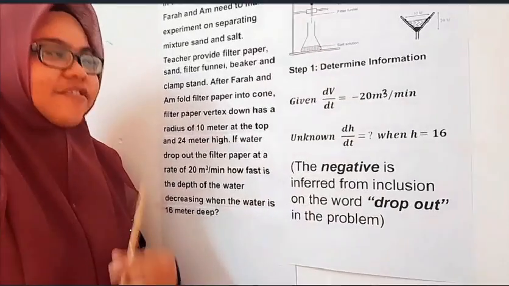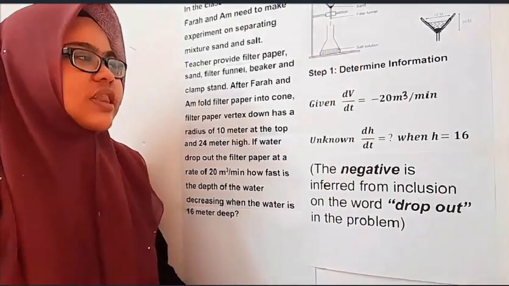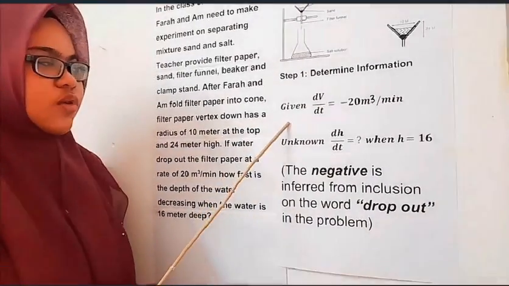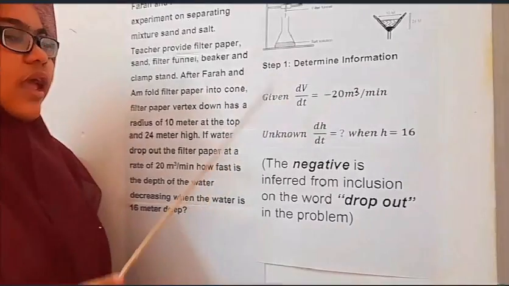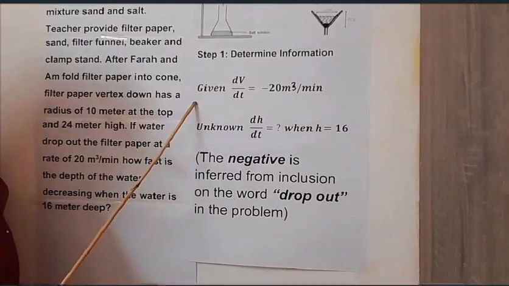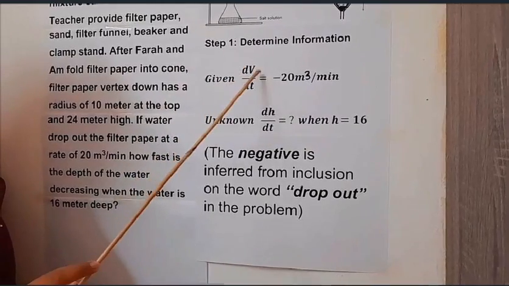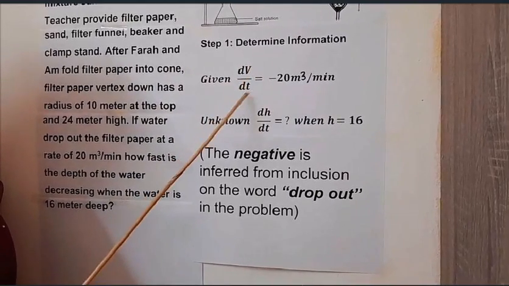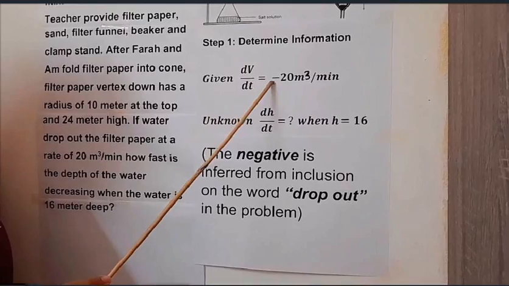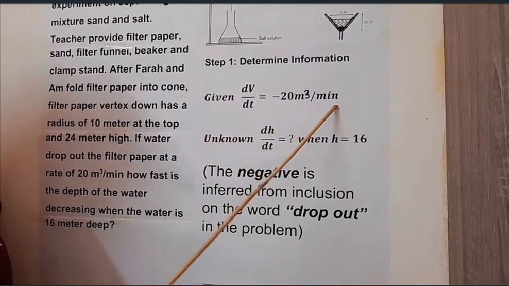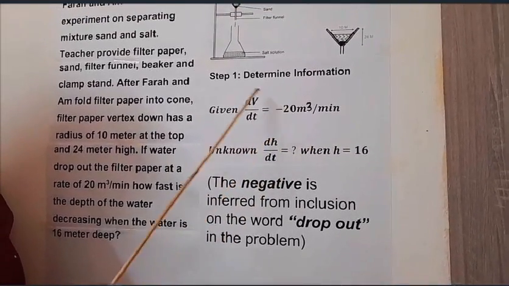The first step is we have to determine the information. We have two kinds, which are given information and unknown information. For this question, the given information is dV over dt, where V is volume and t is time, equal to negative 20 cubic meter per minute. Why do we use dV and dt?